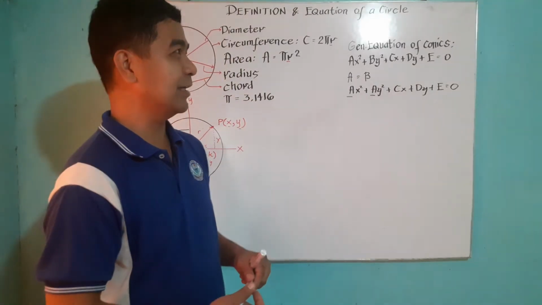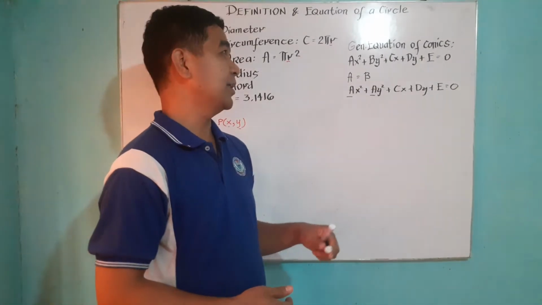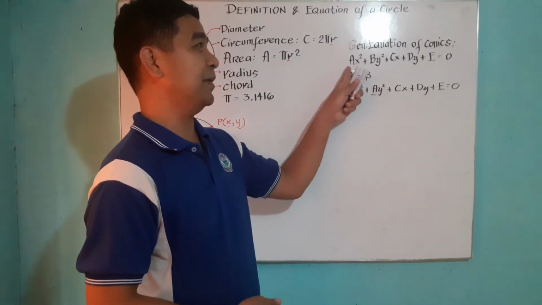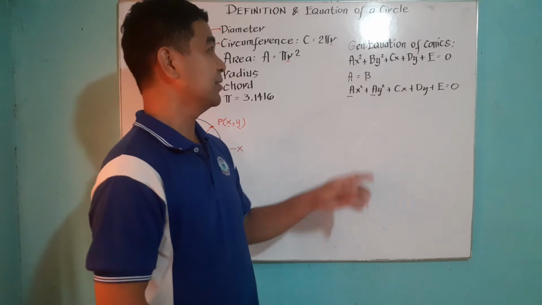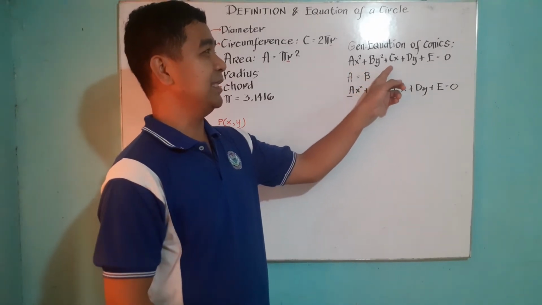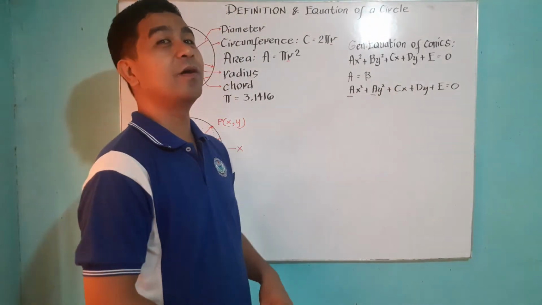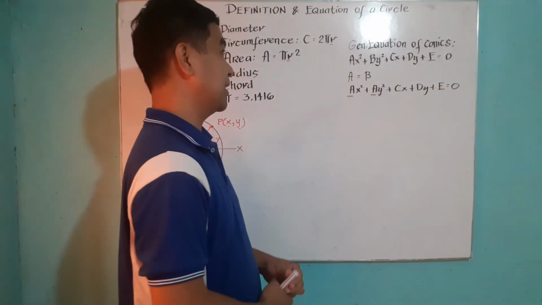First, let us tackle the general equation. The general equation of the conics has the coefficients and the values of x and y. We have ax squared plus by squared plus cx plus dy plus e equals 0. That is for the conic system.